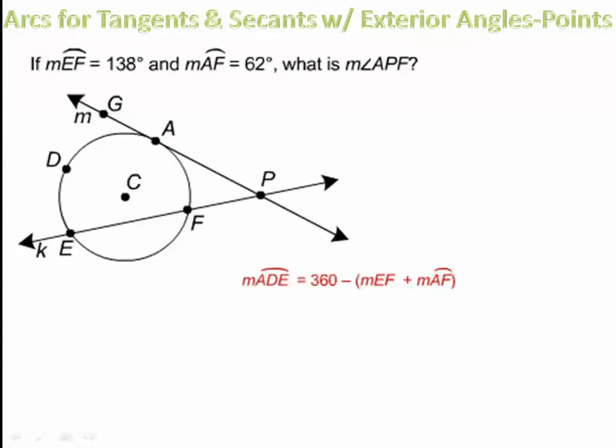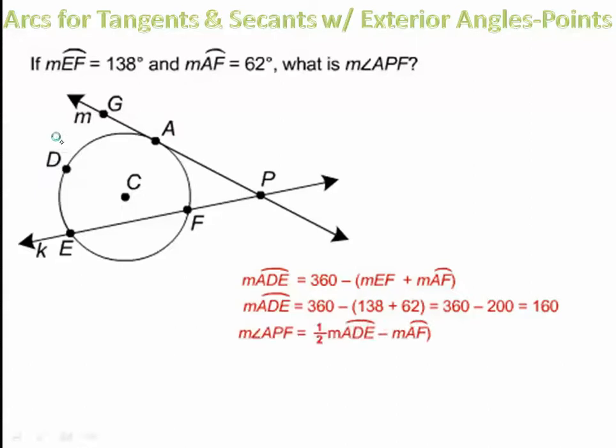Okay, they say if I take 360 and I add the two arcs together that I know, and I subtract those from 360, I'm going to find out the measure of ADE. So that's exactly what they're doing here. So they've plugged in the information that they knew, and they found out that the measure of arc ADE is going to be 160.